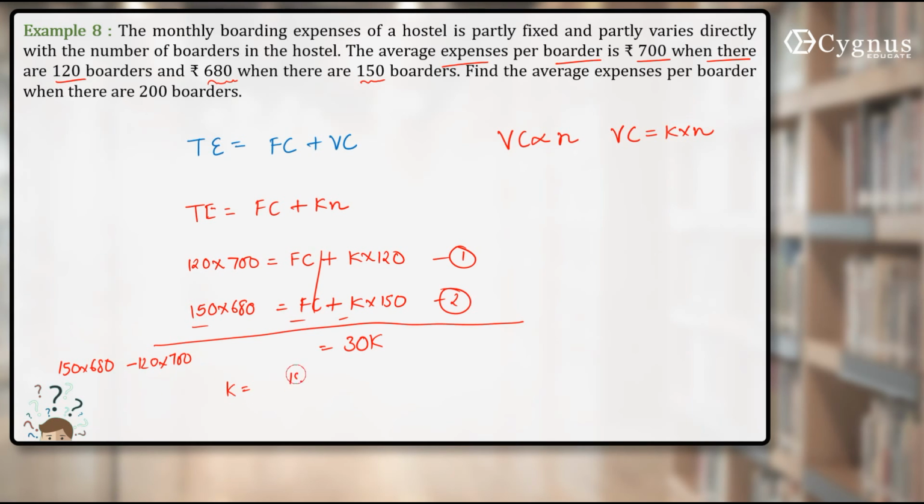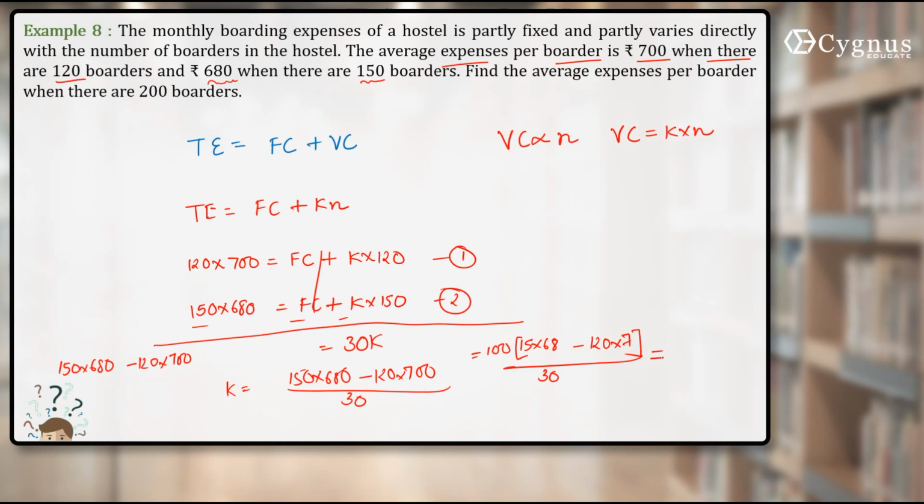You get 150 into 680 minus 120 into 700 divided by how much? 30. I can easily take how much common from here? 100 common. So after that, I'll be left with 15 into 68 minus 120 into 7 divided by 30. This will give you the value of K.